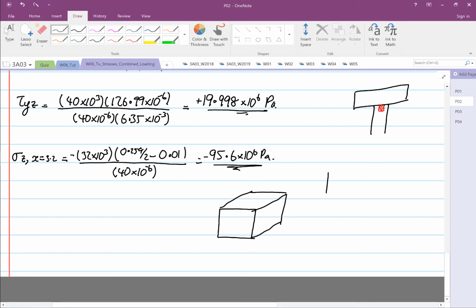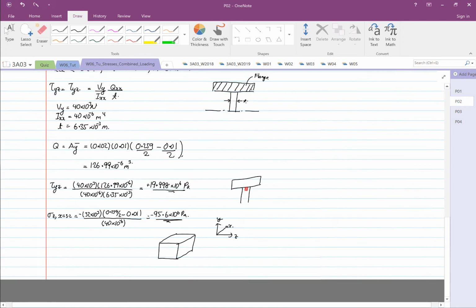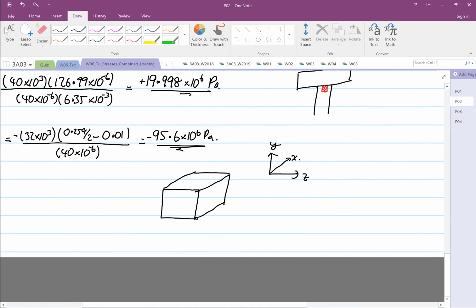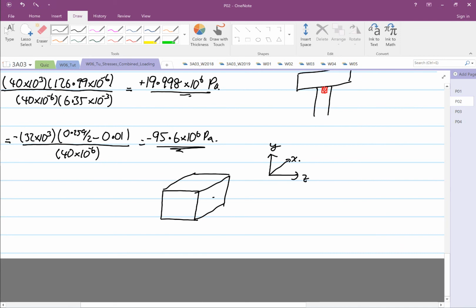Remember, we call this our z, and this is y, and this direction can be x, coming up. I want to check what they are. Yes, it's x. So over here you have compression of minus 95.6 times 10 to the power 6.